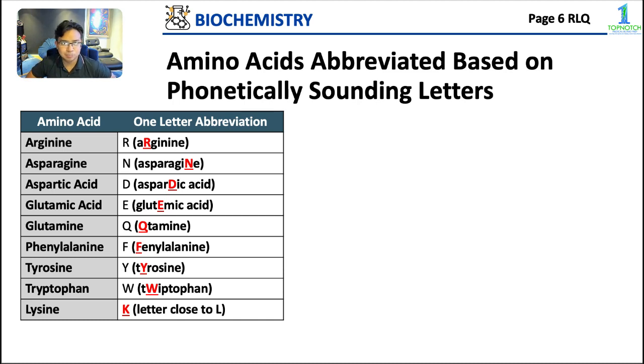Aspartic acid is D, as in aspartic acid. In glutamic acid, it's E, as in glutamic acid. Phenylalanine, it's F, as in phenylalanine. Glutamine is Q, as in cutamine. Tyrosine is Y, as in tyrosine. And tryptophan is W, as in tryptophan. But lysine, oops, hindi siya L kasi it's for leucine. Lysine is K because it's the letter close to L.